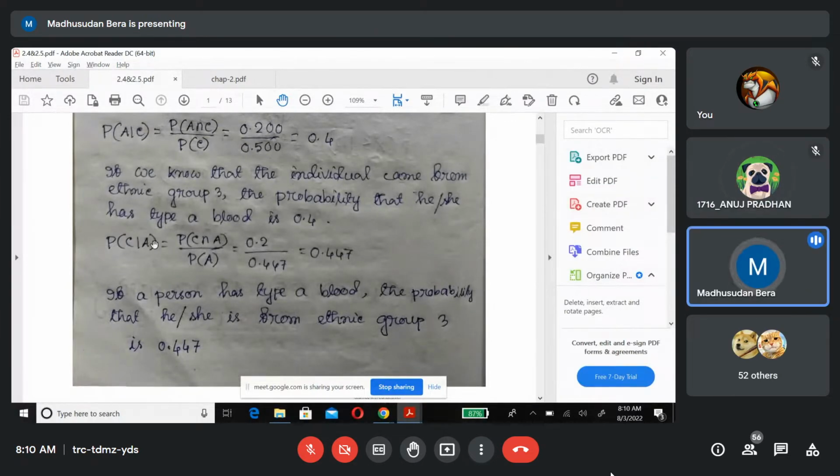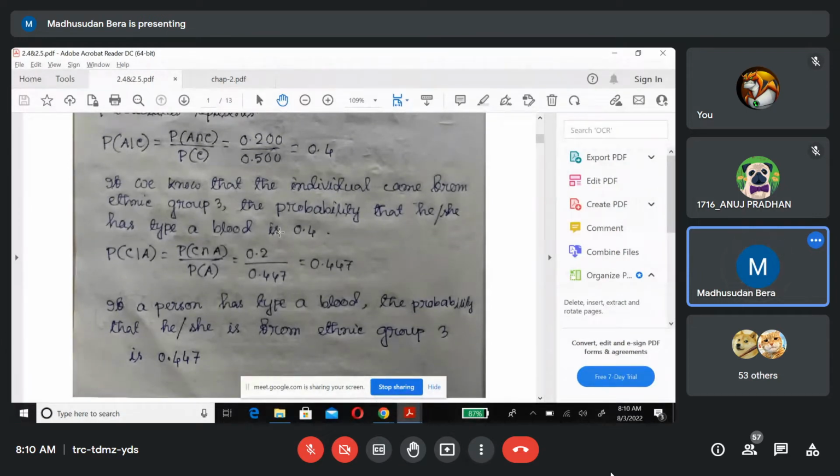So C given A means the individual has type A blood. If a person has type A blood, then the probability that he or she is from ethnic group 3 is 0.447. Part B is okay.